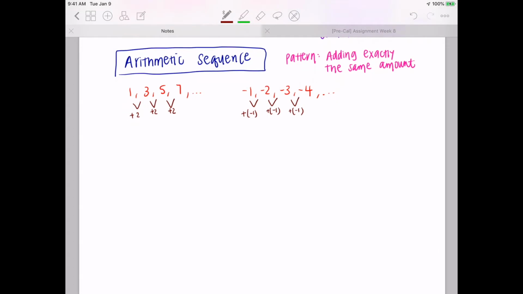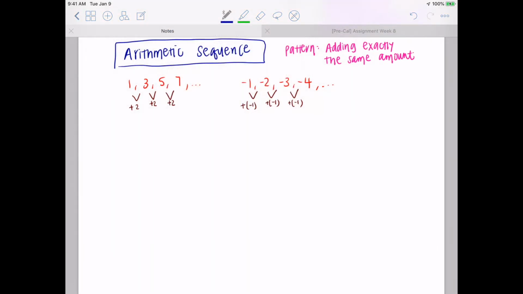Let's give another example. If I say 10, 15, 20, 25, dot dot dot, and I say find the fifth and sixth term, how do we do that?